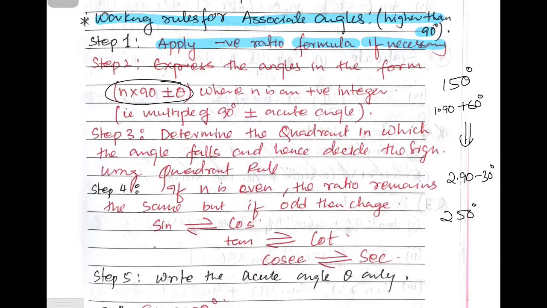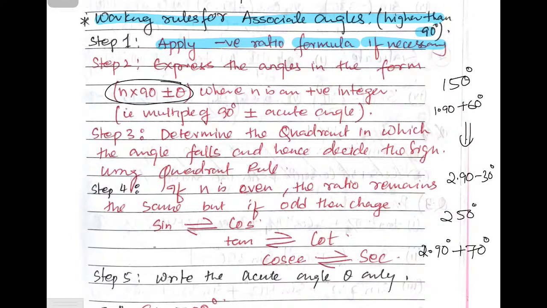How would you express this? What is the nearest multiple of 90 for 250? It is 180, isn't it? So 2 into 90, that's 180, plus something extra. 180 plus how much? 70 degree, isn't it? 180 plus 70 would give you 250.